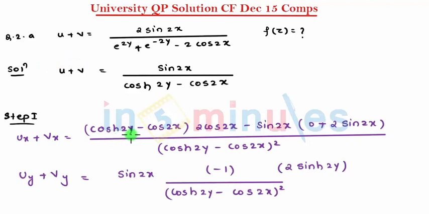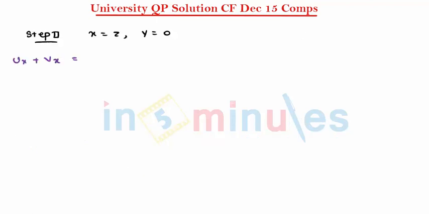Step 2 I can define as x is equal to z and y is equal to 0 by the Milne-Thomson method. So we can write ux plus vx is equal to, first I will be keeping y as 0, so cos hyperbolic 0 is 1, minus cos 2z, and second is 2 cos 2z.